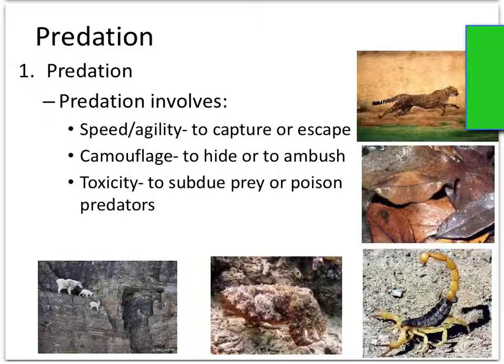So again, speed to get away from predators or to catch prey, agility, and camouflage. These guys are very, very good at camouflage, hiding to stay away from predators. You've got a moth right here, kind of tough to see, or predators such as this cuttlefish, just hiding out here in the rocks, and then obviously toxicity.